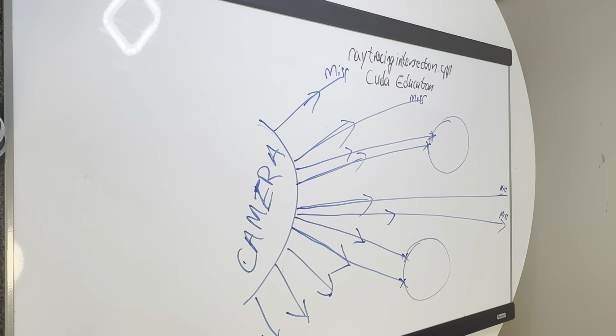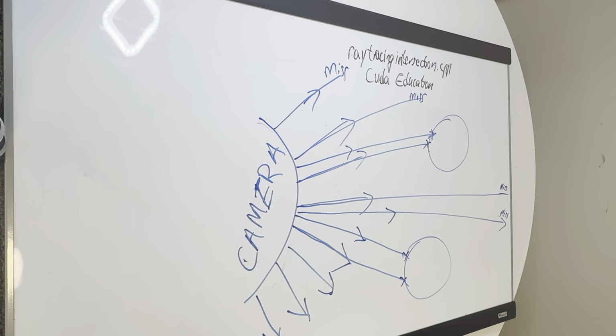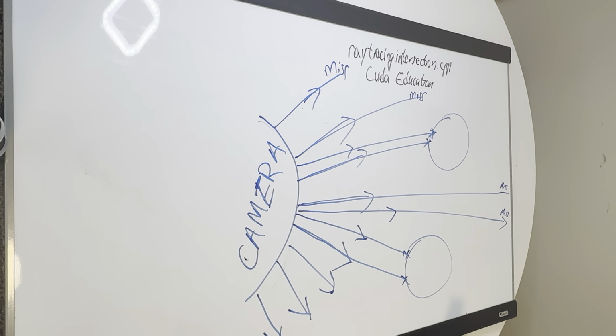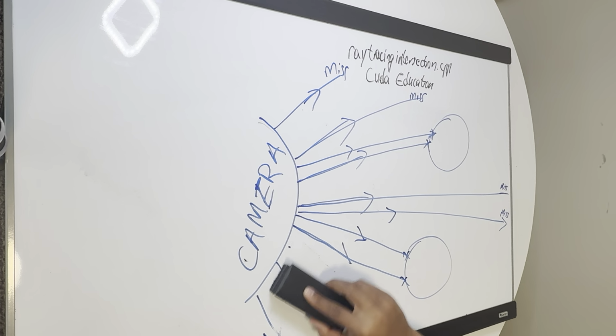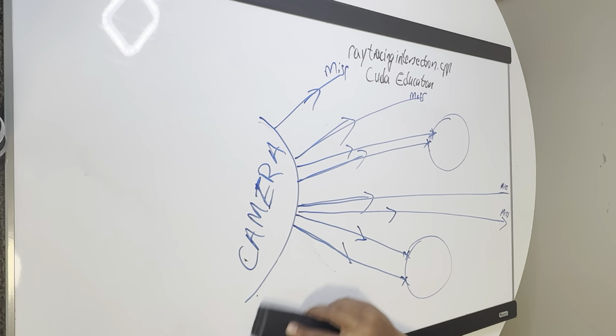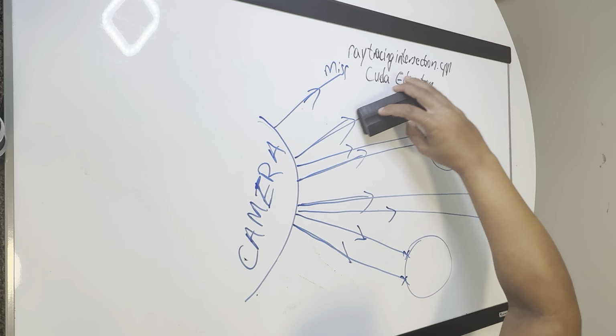The first thing is that let me try and erase all this stuff now, because so we have our miss rays and we have our hit rays. But things get a little bit more complicated. Just as an effort to clean up the visuals, I'll get rid of some of these rays.